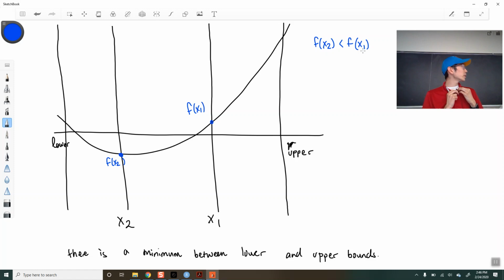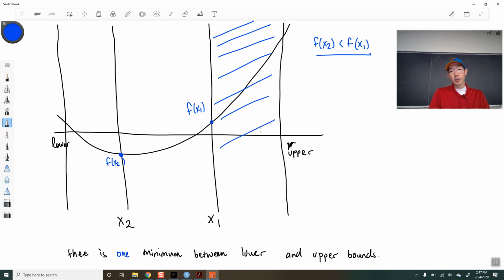What this tells us is that, because we know there's one minimum between the lower and upper bounds, when this happens, the minimum cannot be over here. How can I be confident?